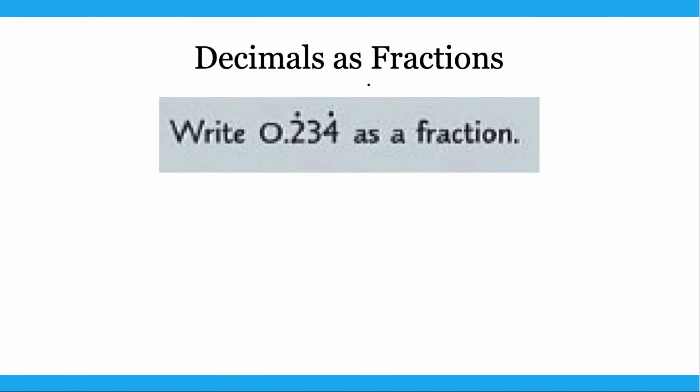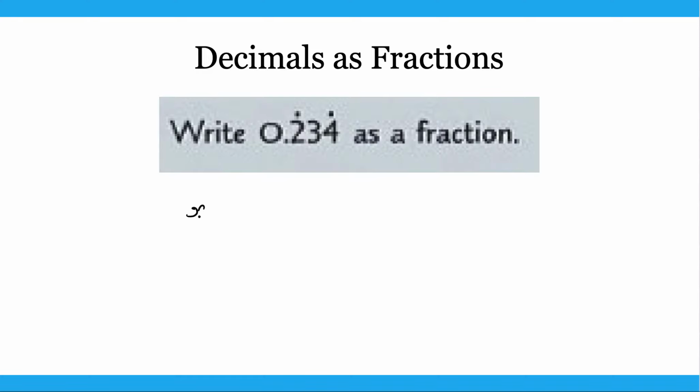So if we have 0.234 recurring and we need to turn that into a fraction, whenever we have a number inside two numbers as a decimal which are reoccurring, the number reoccurs as well. So this number would be 0.234234234.